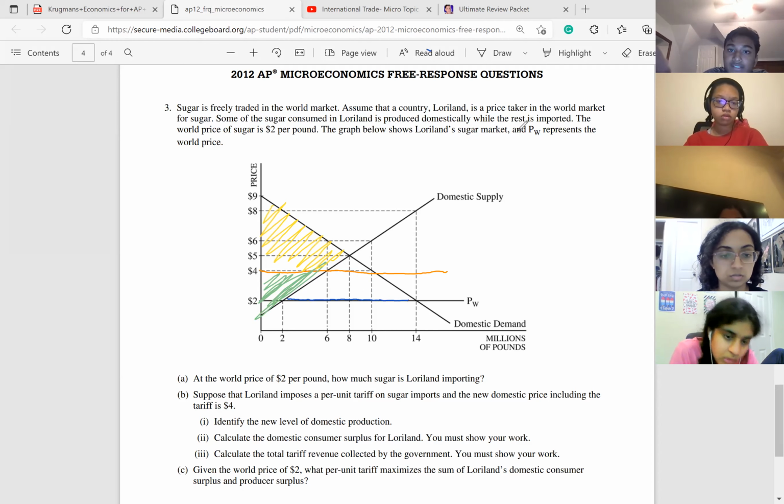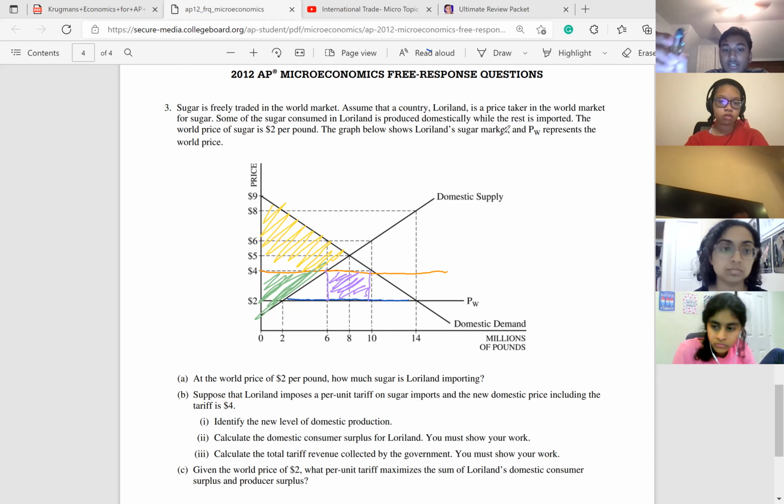This rectangle in the middle, let me use a different color, purple. This rectangle over here is what the government gets. I believe it's called tariff revenue, because that's what the government gets from that situation. And then the two little triangles on the side are what could have been made if we were at the old world price.